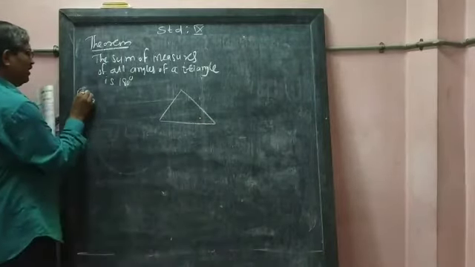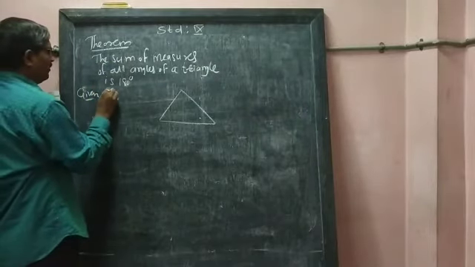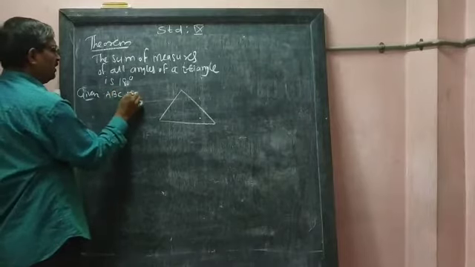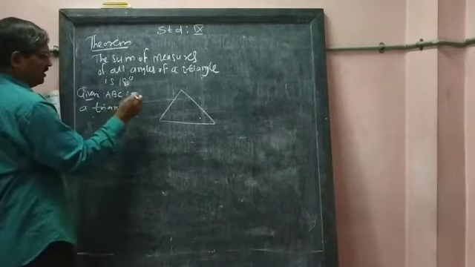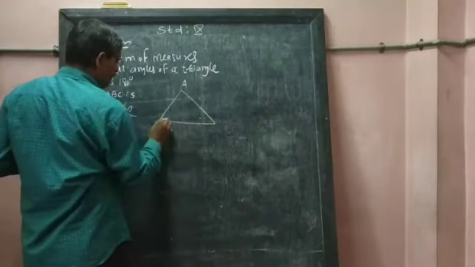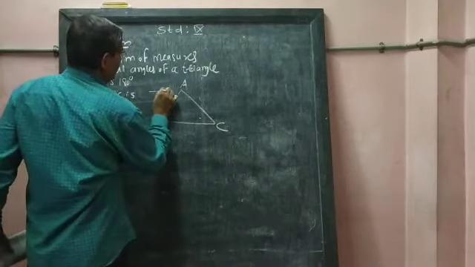Here what is given? When you are writing given, from this statement, ABC is a triangle. Now here we will draw one line.